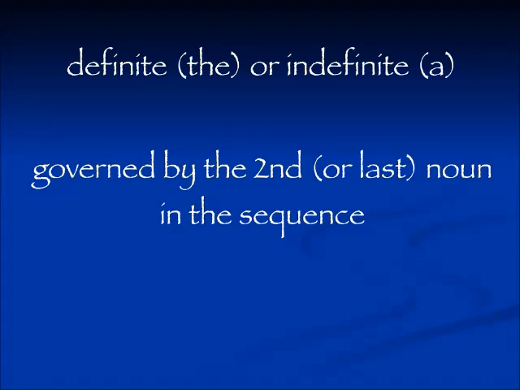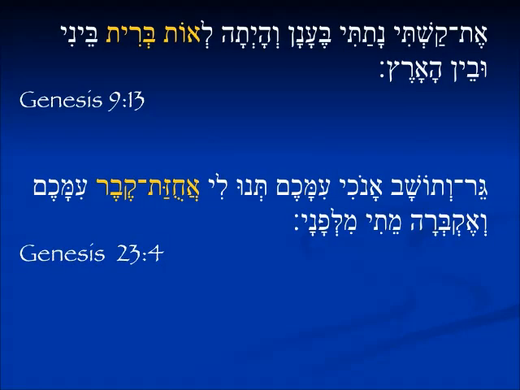We're also going to find out that this rule makes translation difficult sometimes, and therefore the translation of some of these phrases is not uniform. So most simply, when we have an indefinite phrase, there is no he appearing anywhere for the, this, or that. Genesis 9:13.